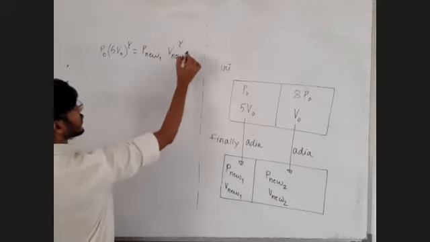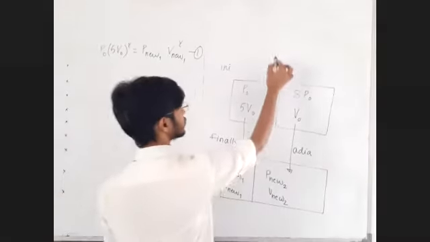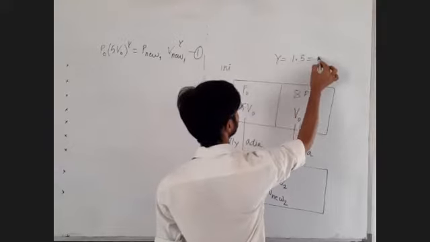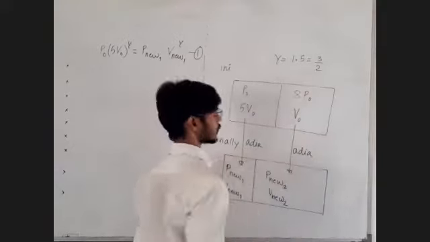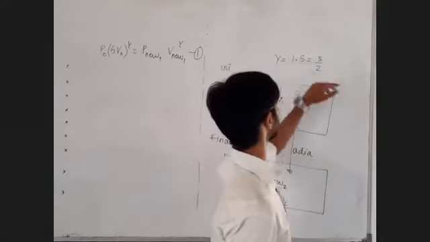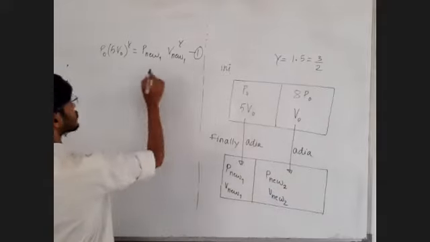Call this equation number 1. Gamma value for the gas is already given as 1.5, or you may take it as 3/2. Taking 3/2 makes the calculation easy. How that calculation becomes easy, we'll see.